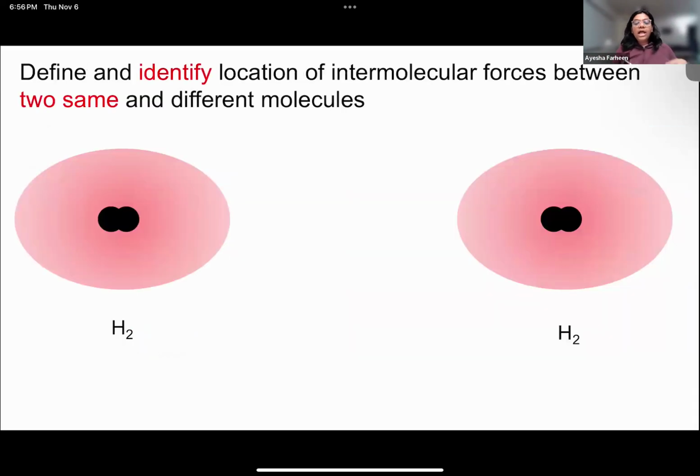Okay, so let's first identify the location of intermolecular forces. As I talked about, these are between molecules. So let's take a look at two of the same molecules. You've got a hydrogen molecule on the left, a hydrogen molecule on the right. Both of them are just chilling, having fun, and something happens.